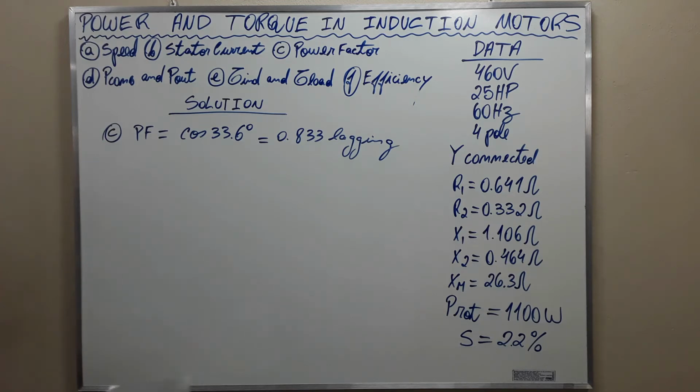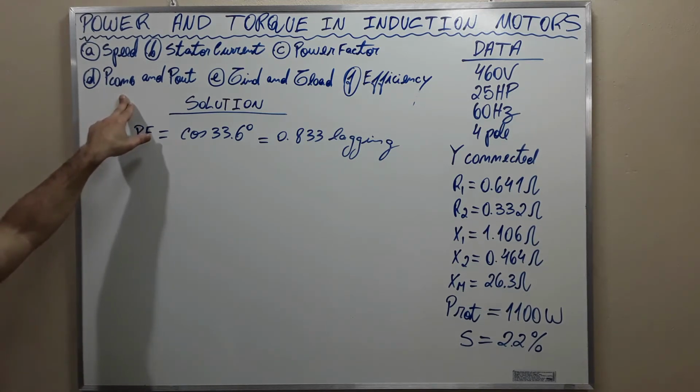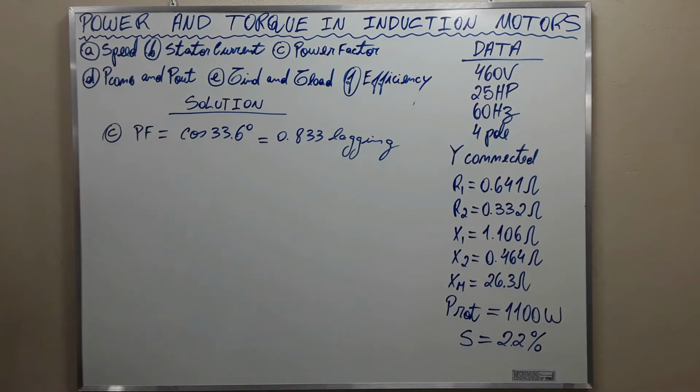Now let's calculate letter D. Letter D wants us to calculate the power converted from electrical to mechanical and the output power.